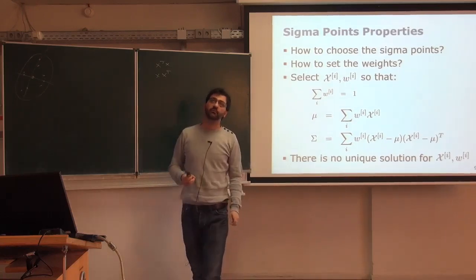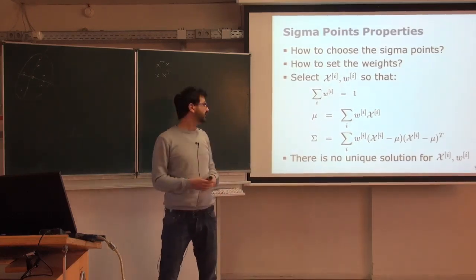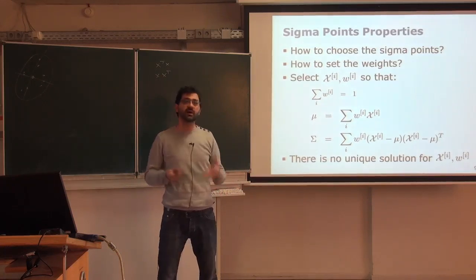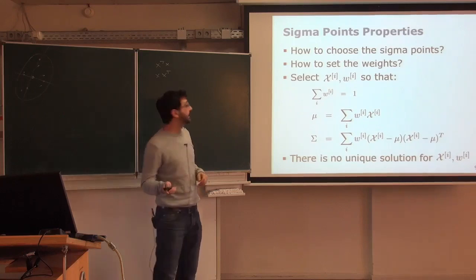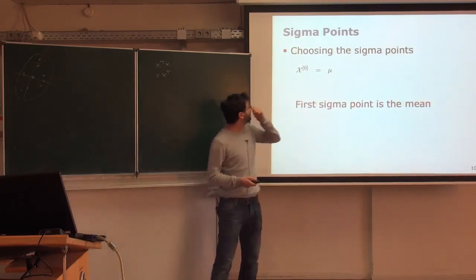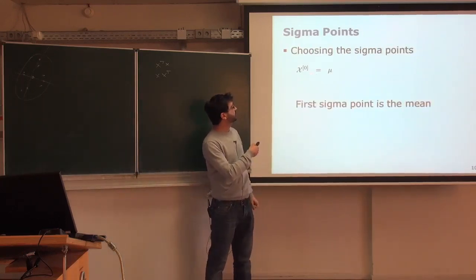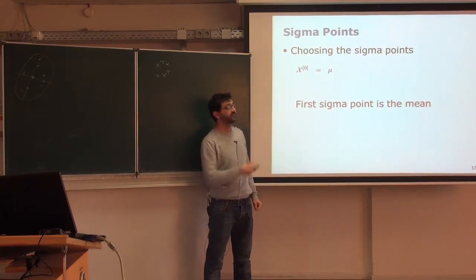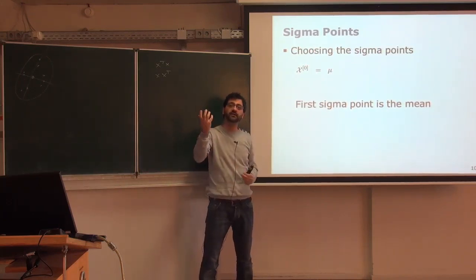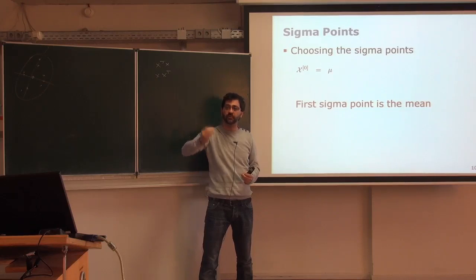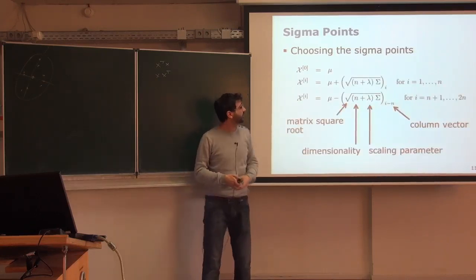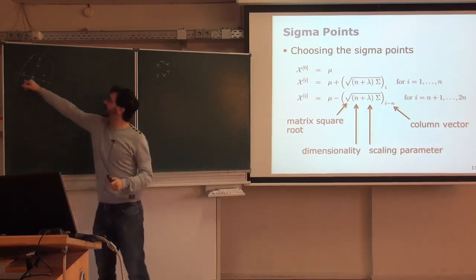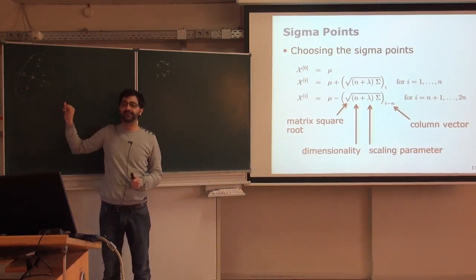So there are some ways of getting this solution in a smart way, or somehow understanding a bit the structure of your problem. So one way is that for the sigma points, the first one you take is the mean, because the mean characterizes a lot your distribution. You want to propagate it over. And then you take points which, as I said before, somehow lie on the axes of your matrix.